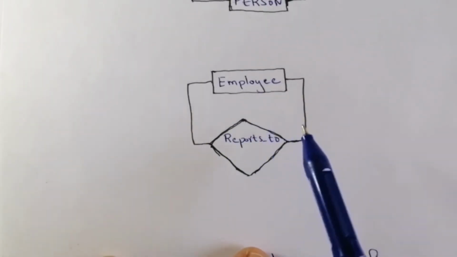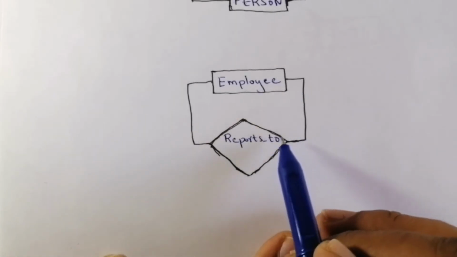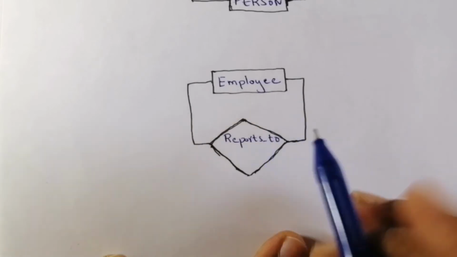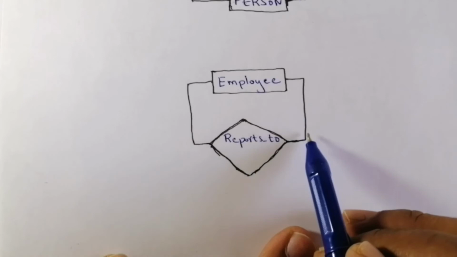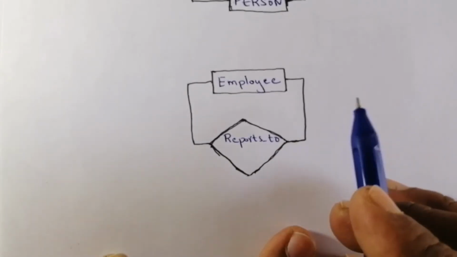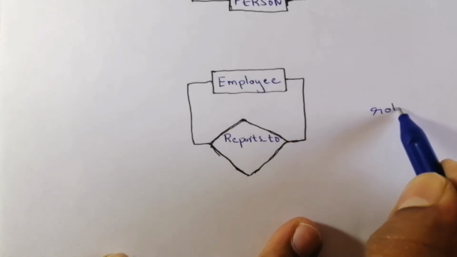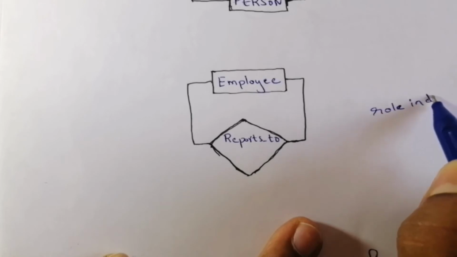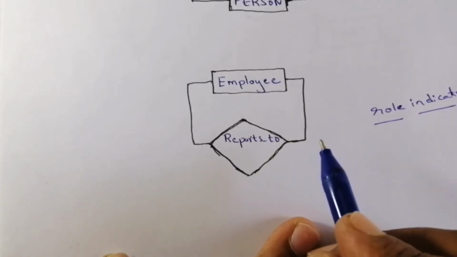Such cases lead to another technique: we give roles to the particular links. So there will be role indicators. What do we mean by role indicators?